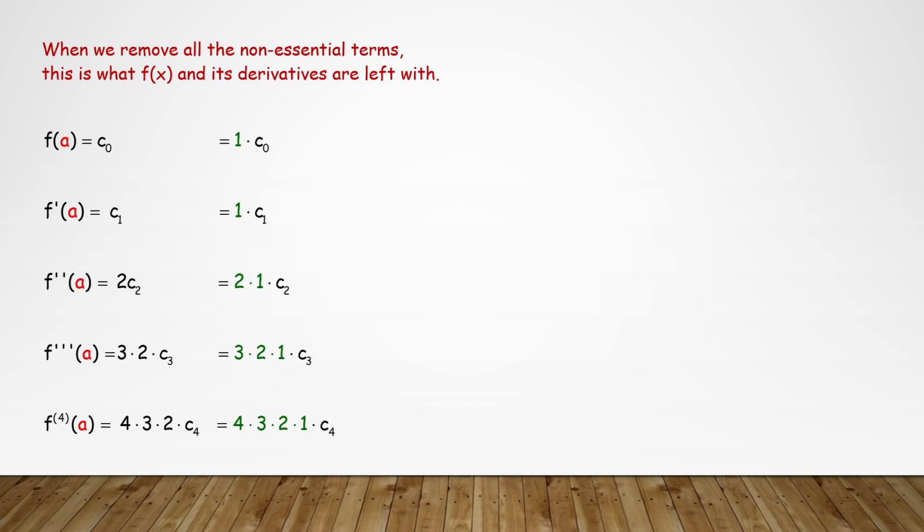The fourth derivative equals 4 times 3 times 2 times 1 times c sub 4. Are you seeing a pattern? Are you recognizing, hopefully by now, by the fourth derivative, that we're dealing with factorials? Specifically, the nth derivative at a equals n factorial times the coefficient c sub n.